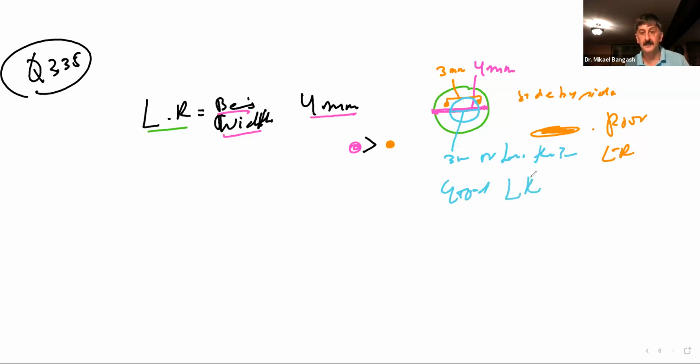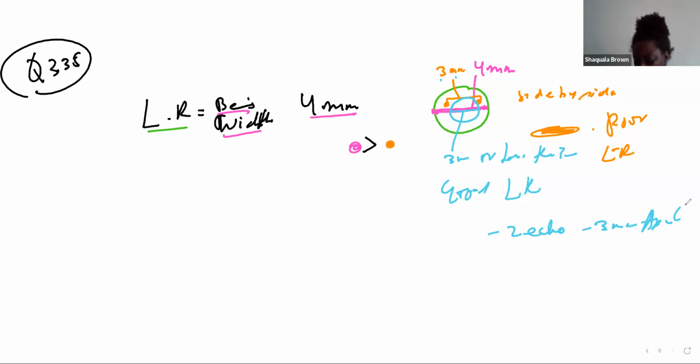That will give us a good lateral resolution for these two structures, which are 3 millimeters apart. Did that make sense? Then we could at least say we will see two echoes 3 millimeters apart. Did that make sense, guys?